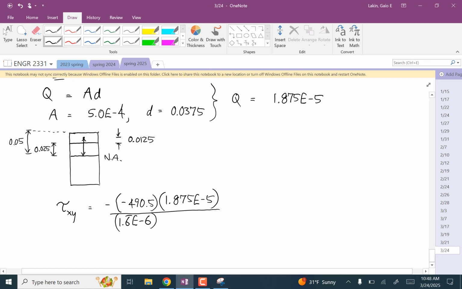This thing has the same base width everywhere along the cross section, so the answer is just going to be 0.02.